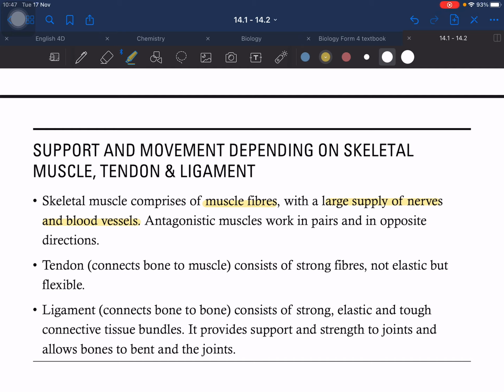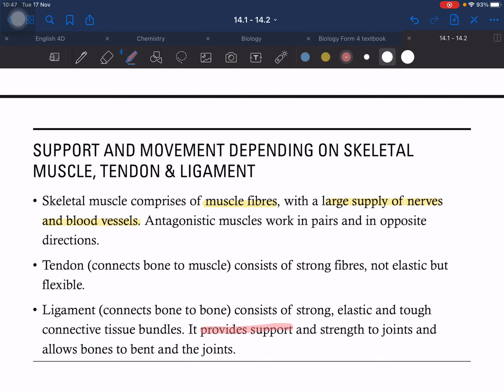Secondly, the tendon. So the tendon connects bone to muscle, and it consists of long fibers which are not elastic but flexible. And lastly, the ligament. The ligament connects bone to bone and consists of strong, elastic, and tough connective tissue bundles. It provides support and strength to joints. So this is the important one, right?